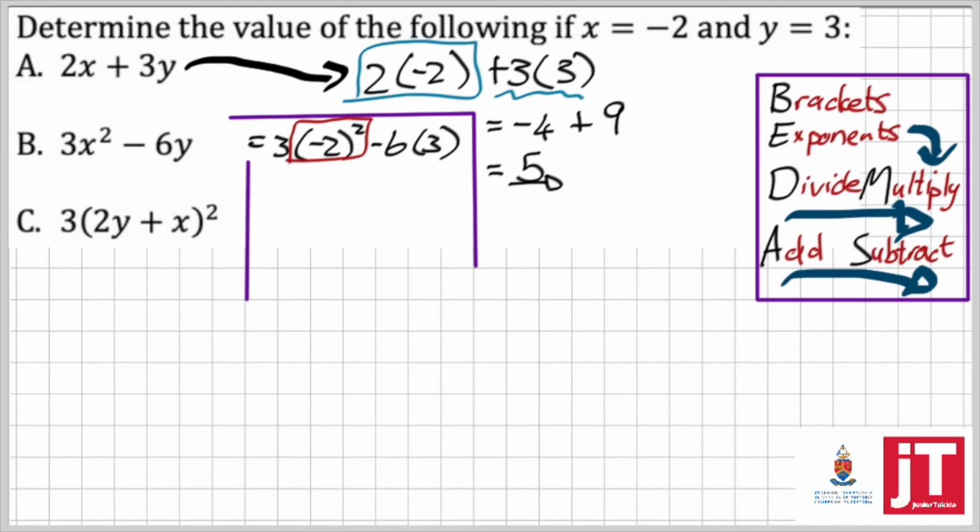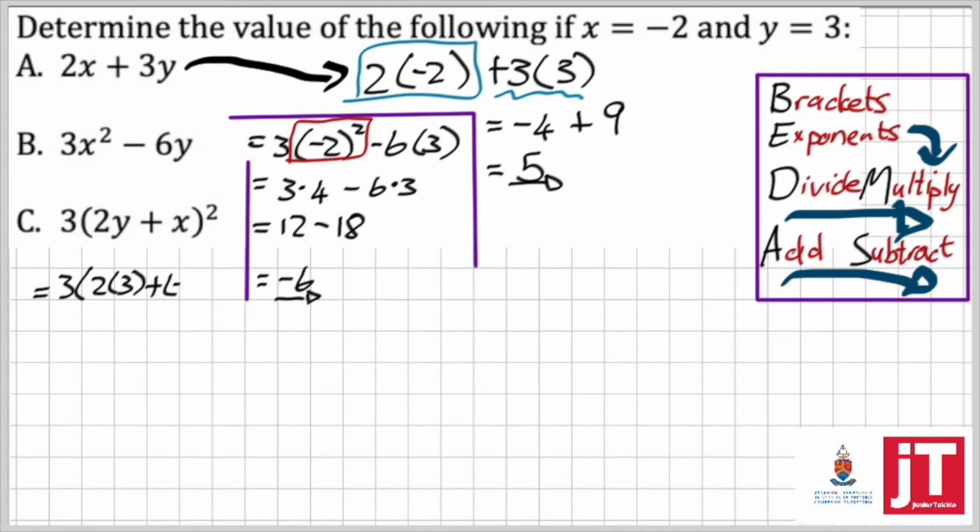So I'm first going to square that -2 out. Then I'm going to multiply. And then I'm simply going to add and subtract. Follow BED maths. Want to play my game? Play by my rules.